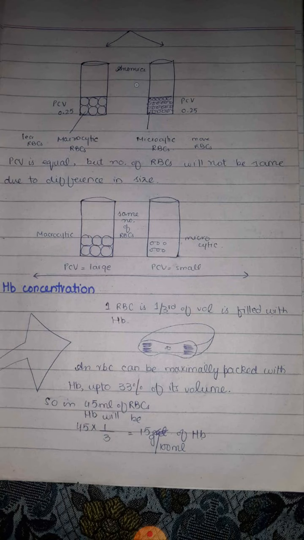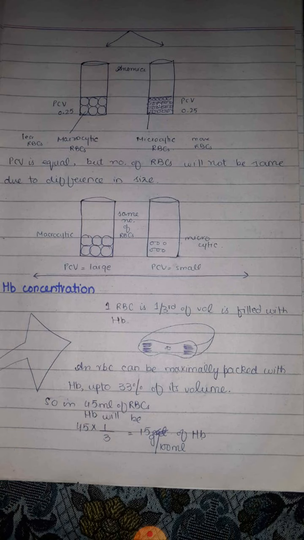Now here we have two containers, and in both containers we have red blood cells. Here we can see that there is the packed cell volume of 0.25, and here is also packed cell volume of 0.25. Now what is the difference between the container number 1 and the container number 2? Actually, in both the containers the packed cell volume is same, because the volume of the blood occupied by RBCs when they are packed together is same.